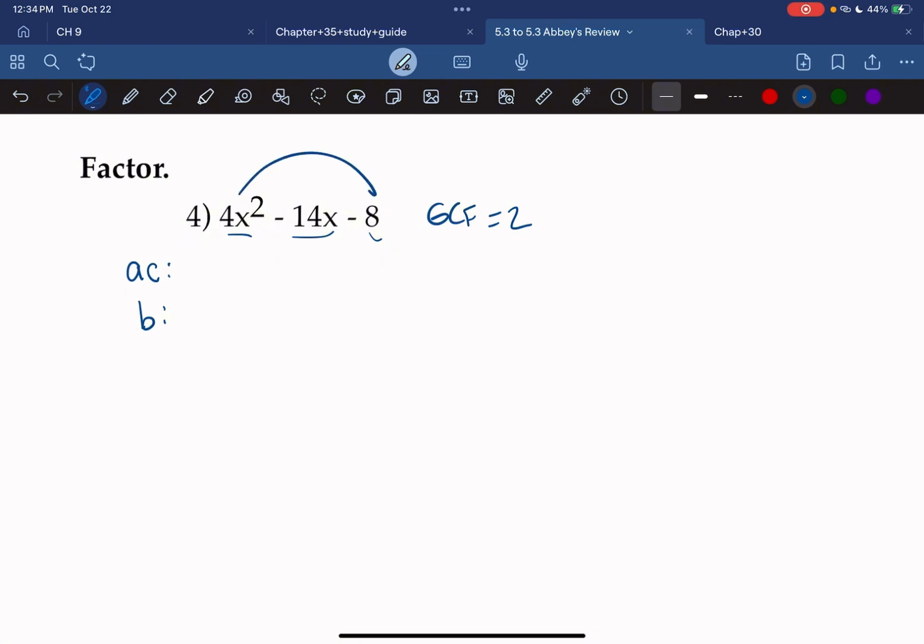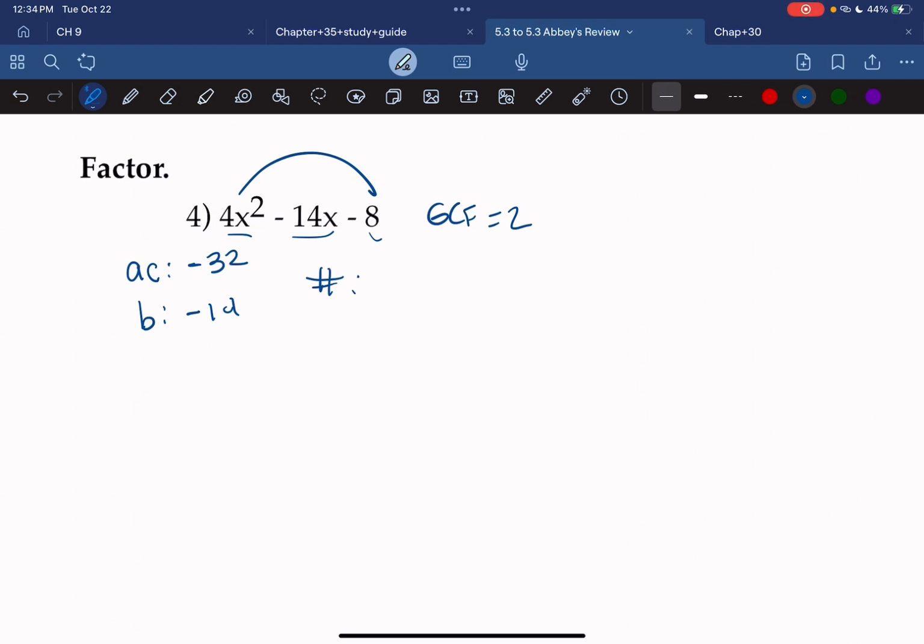Now A and C. What's 4 times negative 8? It's going to be negative 32. B is negative 14. And we have to find a number that can multiply to be negative 32 and add up to be negative 14.